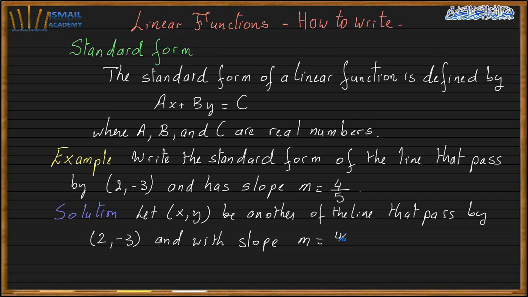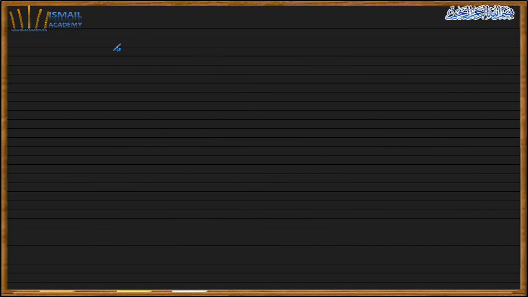I need that point to write the formula of the slope. The slope is m equal y2 minus y1 over x2 minus x1.